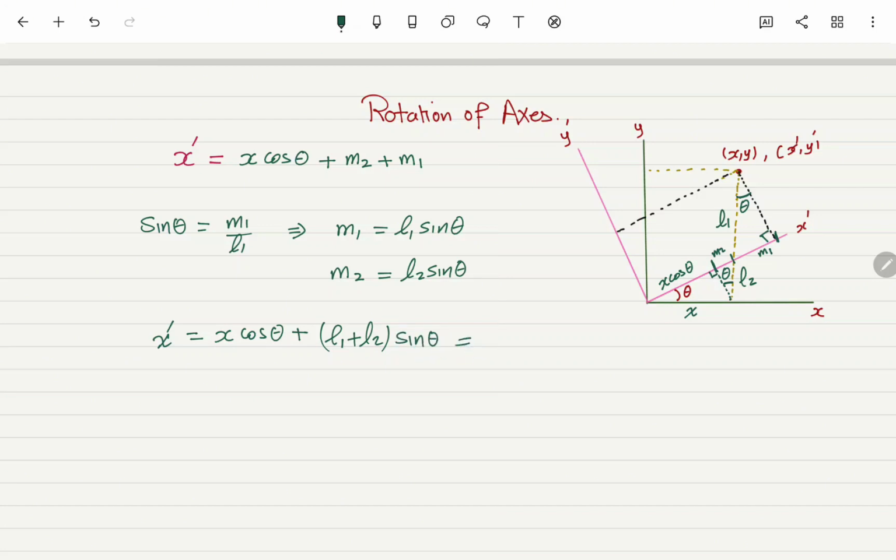Or we can say x cosine theta plus, now L1 and L2 together is actually the intercept with the y. So this is y here. From this one here to this one equal to L1 plus L2. So y sine theta. So let's keep this one here.